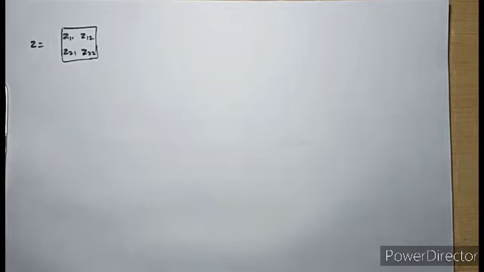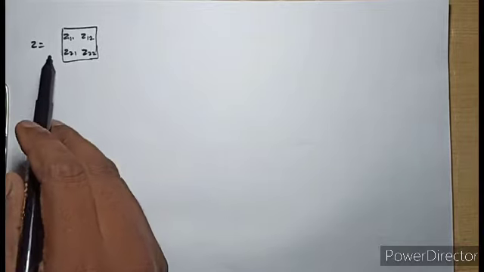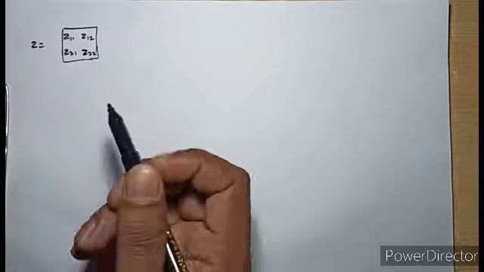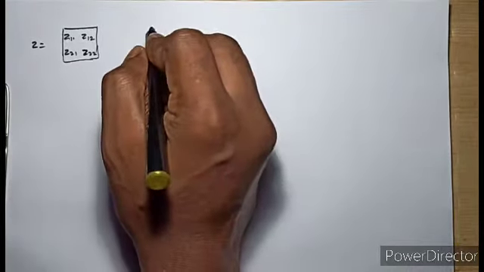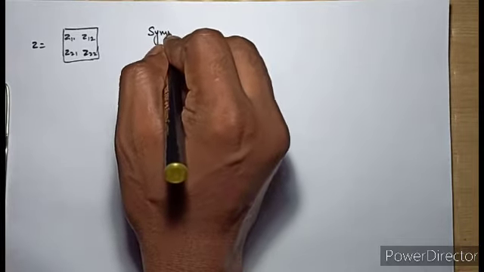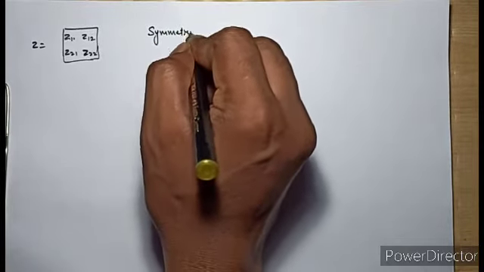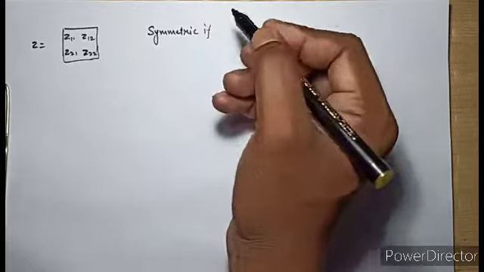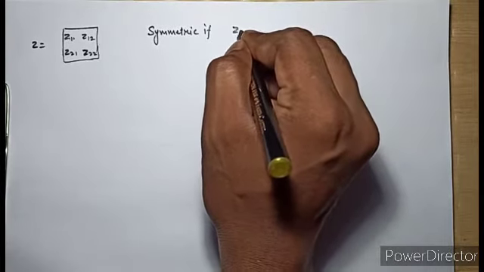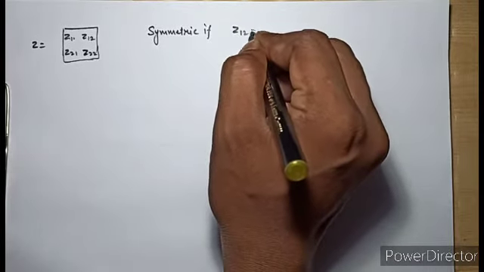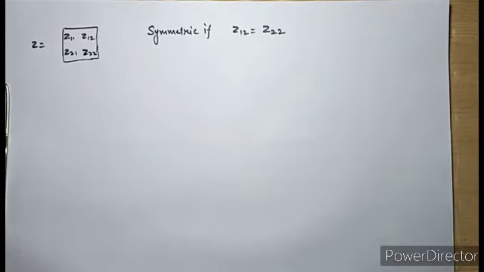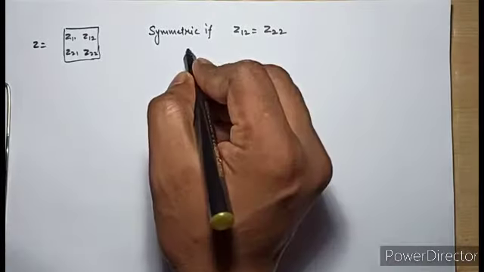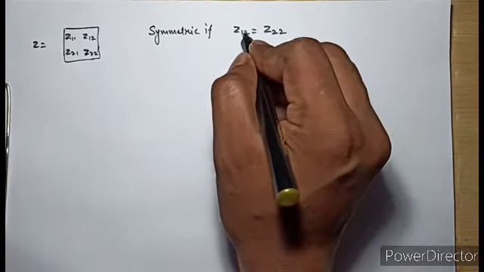Now for a network, if Z parameters are given like this, then this network will be symmetric if Z12 is equal to Z21 for symmetricity.